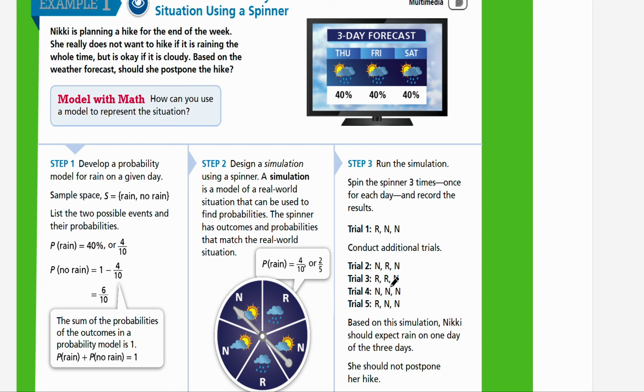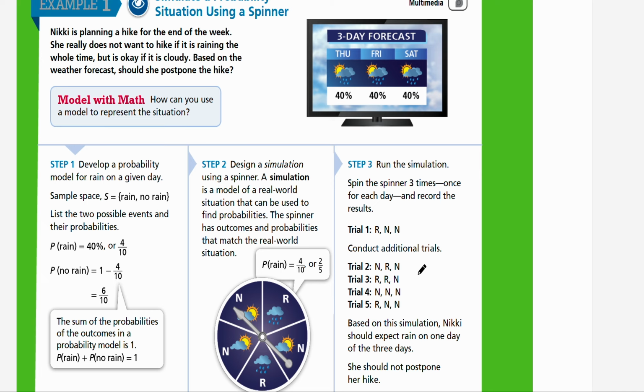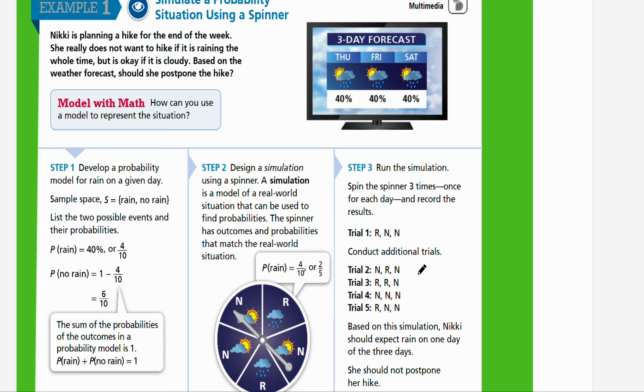There is no trial yet where it rains for all 3 days. So based on the simulation, she probably has a better chance to have at least one day that she can hike. So she shouldn't postpone her hike based on the simulation. Now, is it going to be exactly like this?